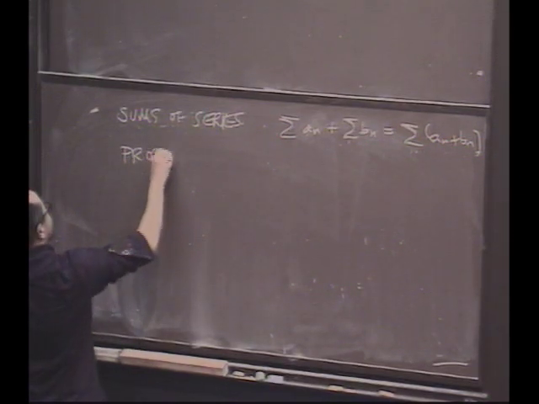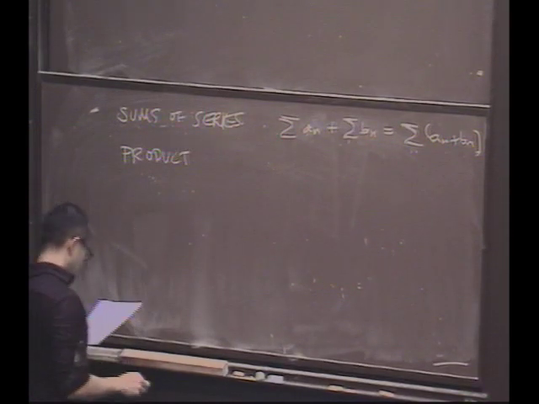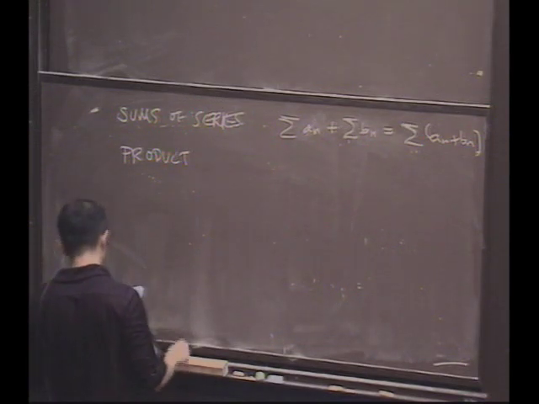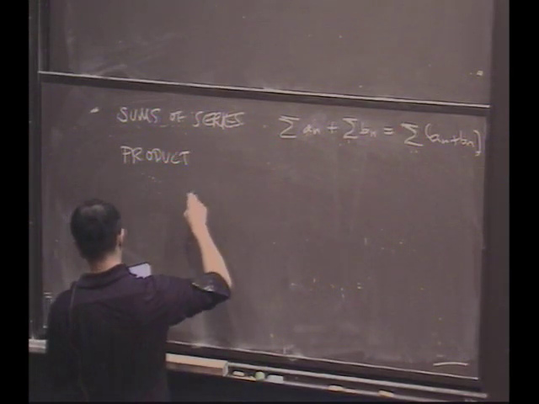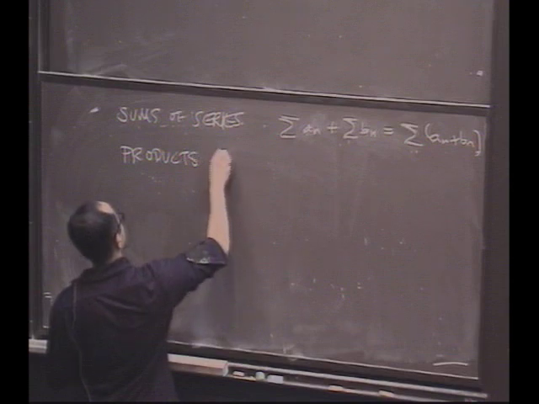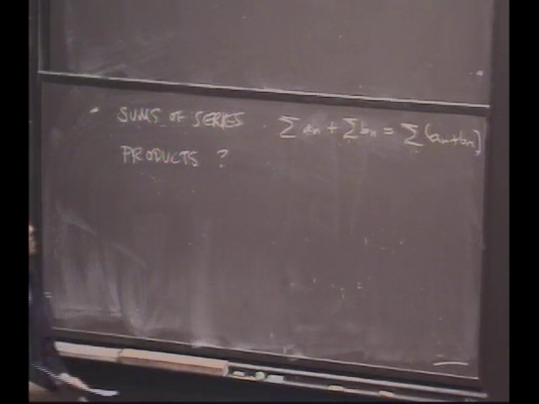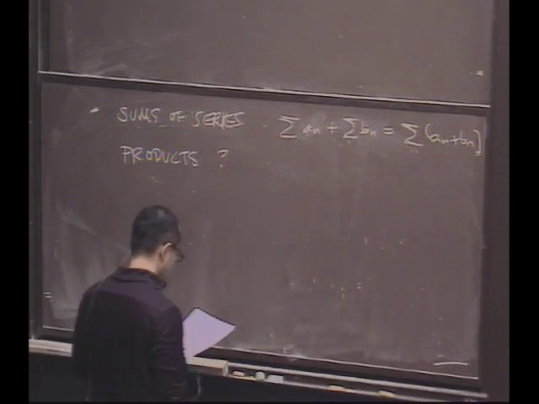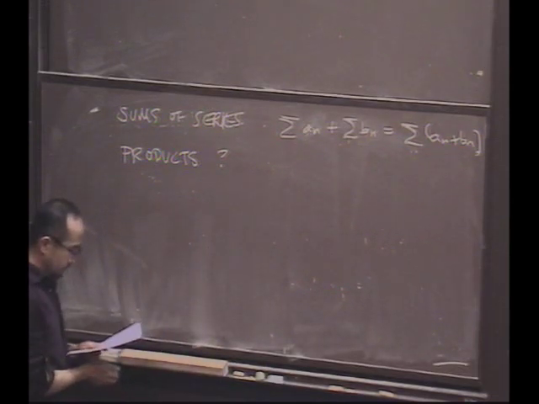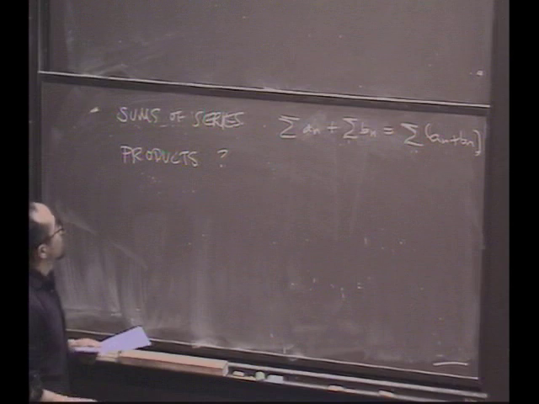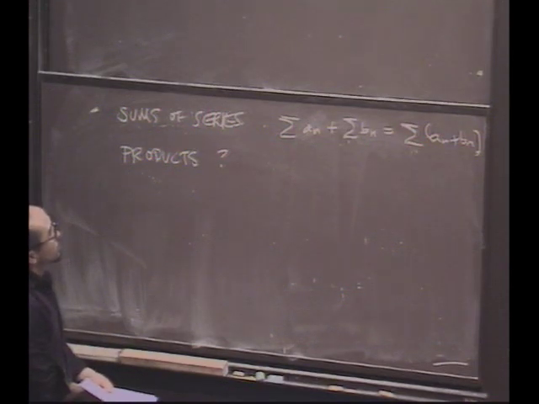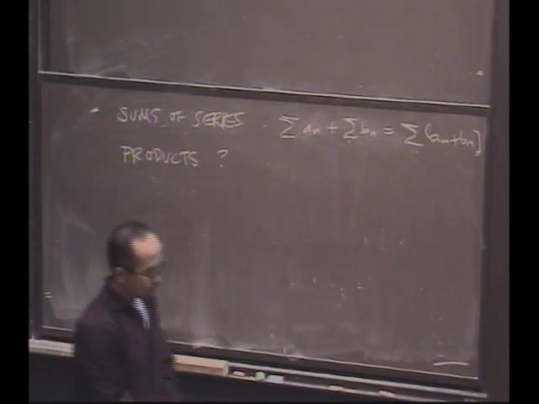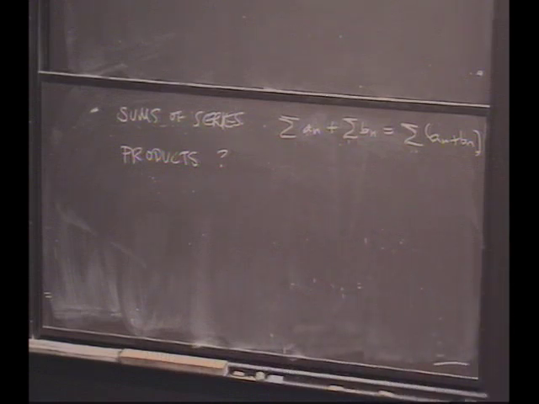But a question you might ask is, what do we mean by the product of a series? Products. What does it mean to take the product of two series? What do you think we might mean?